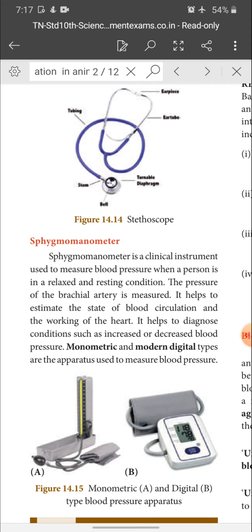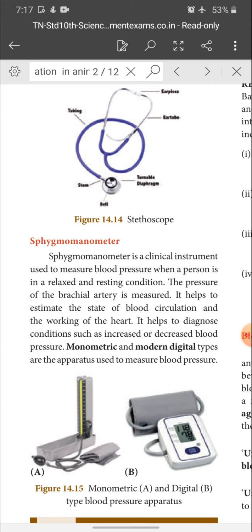And also the working condition of the heart, so we can find whether the heart is working properly or not. So these are the functions of the sphygmomanometer. By using it, we can find out the blood circulation and also the working of the heart. It helps to diagnose conditions such as increased or decreased blood pressure.